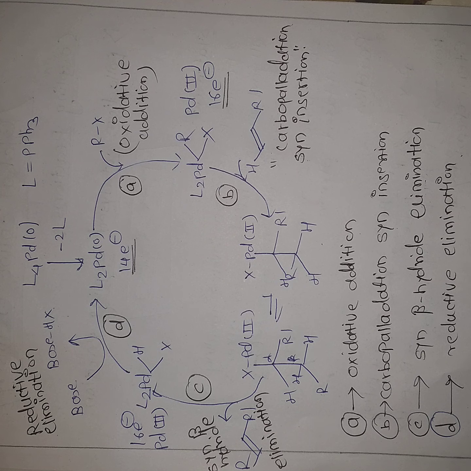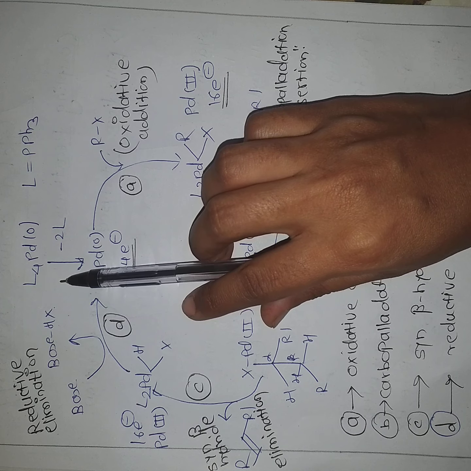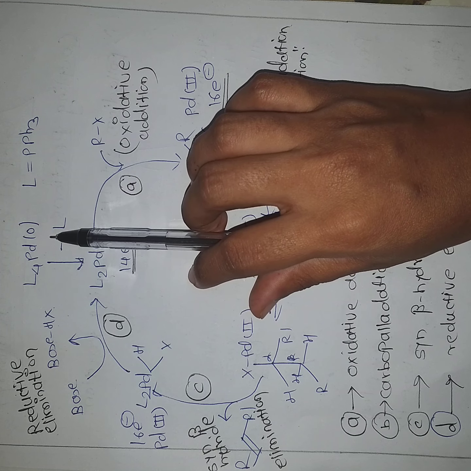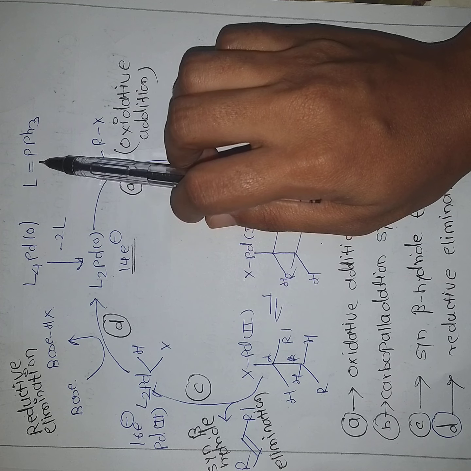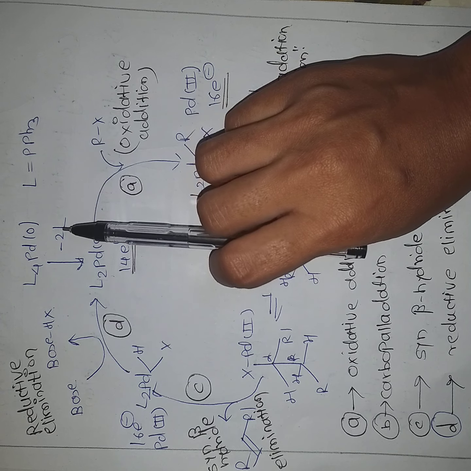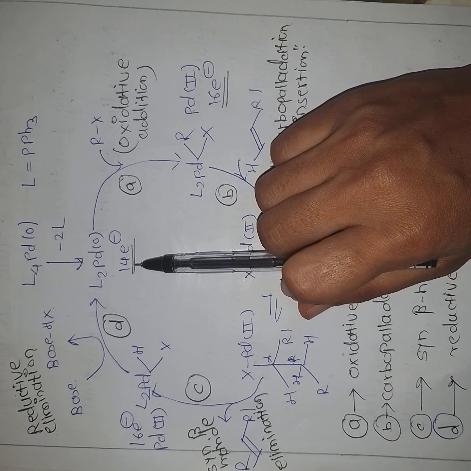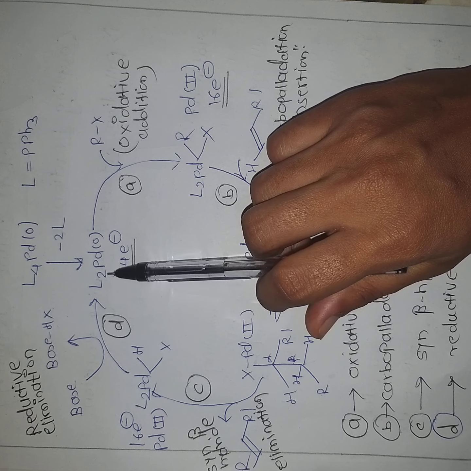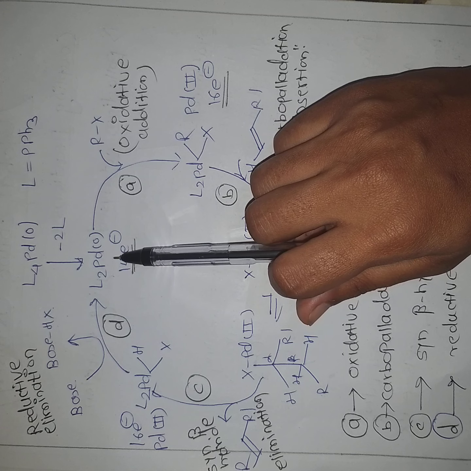If we talk about the mechanism, it involves 4 steps. Let's see. This is L4 palladium 0. L means ligand. Here we are taking L as PPh3, triphenyl phosphine, as a ligand. If you remove 2 ligands, we get a 14 electron complex, but palladium is in 0 oxidation state.